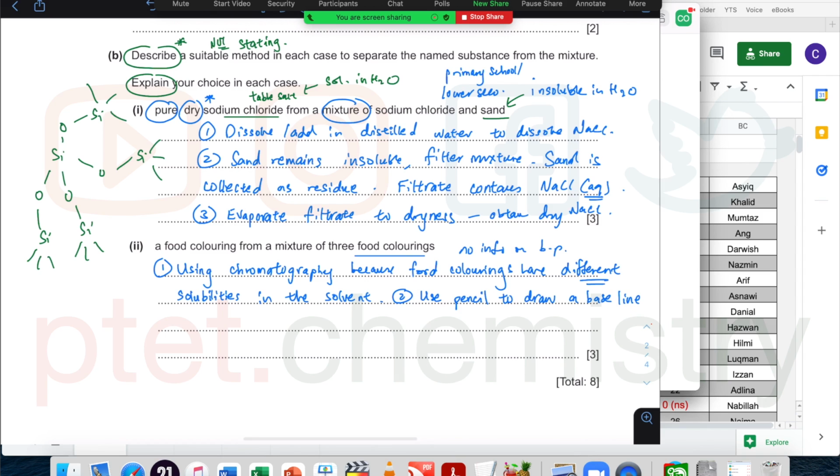This is your starting point. Draw a baseline onto which you spot the mixture of the food coloring on the filter paper strip.